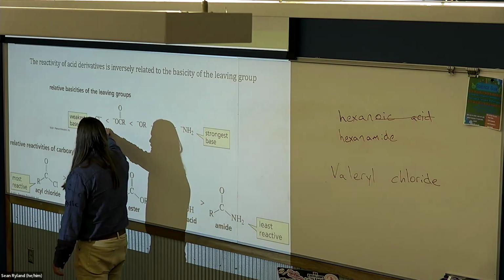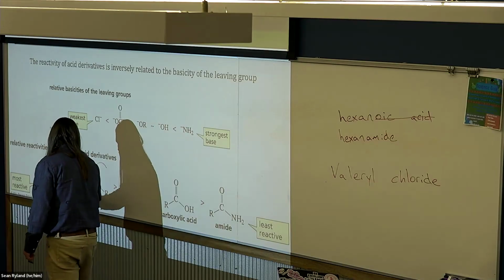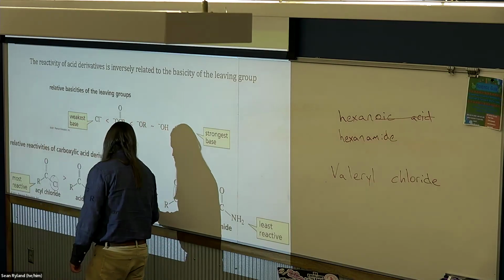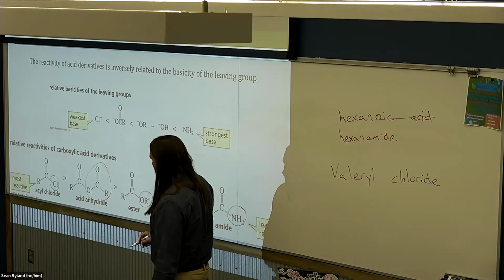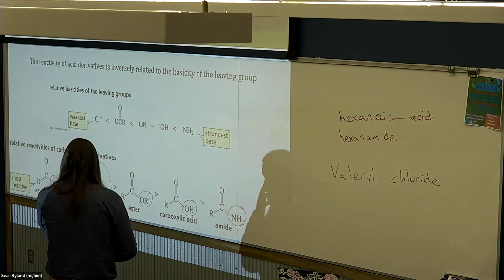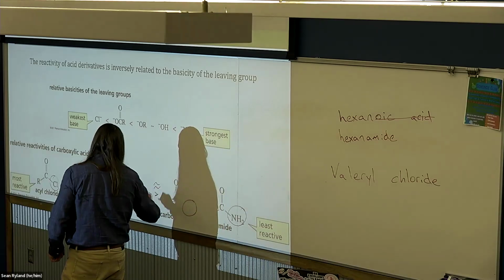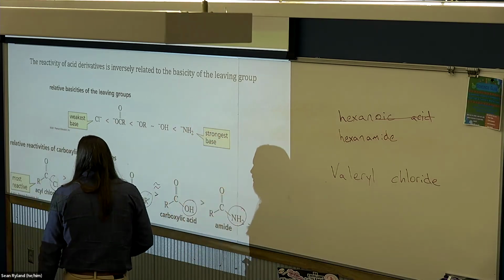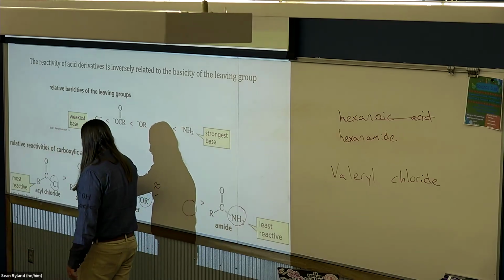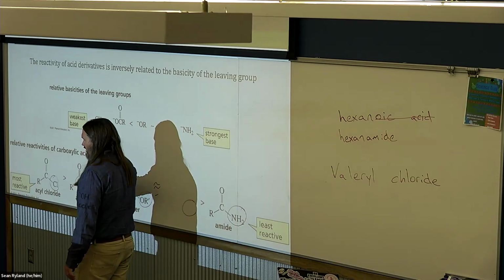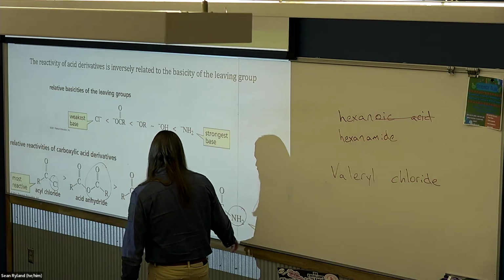And so if we look at the different leaving groups that are attached to the carbonyl, the chloride is the best leaving group, followed by the acid anhydride, followed by the ester of the carboxylic acid, followed by the amide.